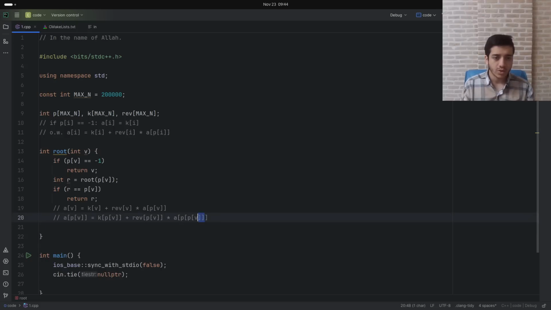And you know that as I'm doing path compression, this is A of R.